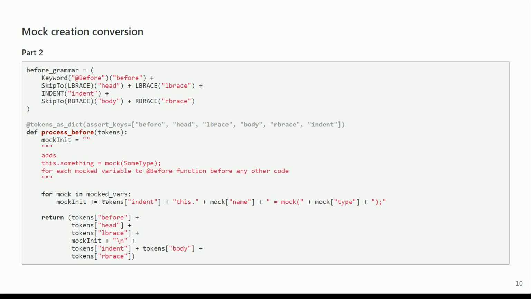So this puts all the mocks together on every single line, and then later on, when it is returning it, it puts before the body all the initializations. So we don't need to initialize everything manually. It's just there. And yeah, that is pretty much it.